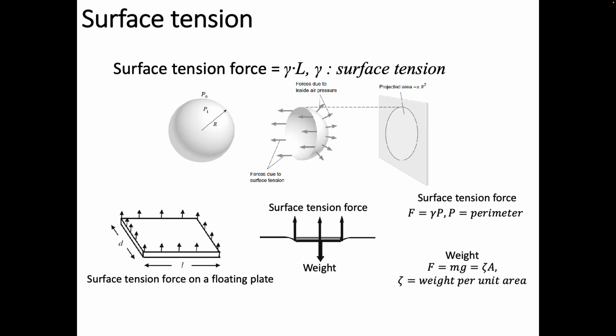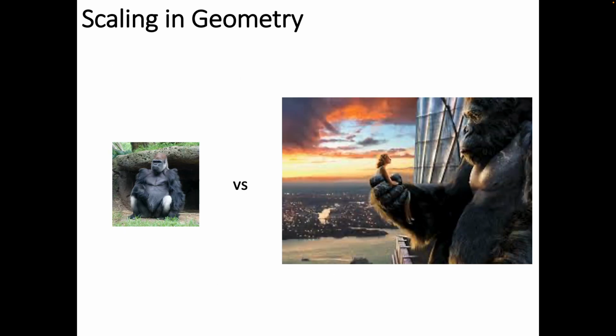Okay. So then we are going to continue on this scaling law. In this topic, what we are trying to see is, as we scale up and scale down, what kind of factors become dominant. For example, as we discussed yesterday, the supporting leg has to be scaled differently.